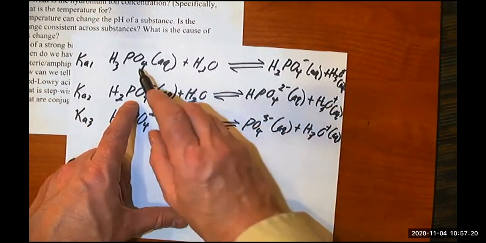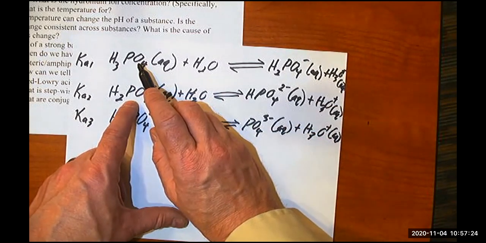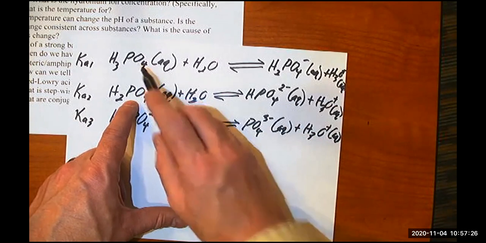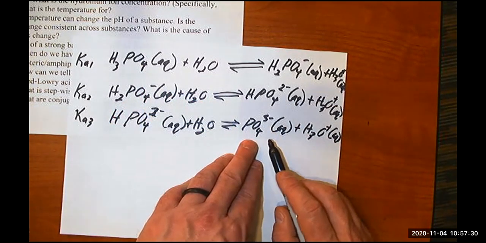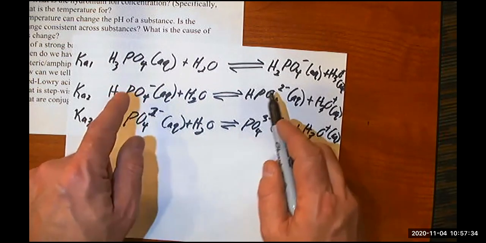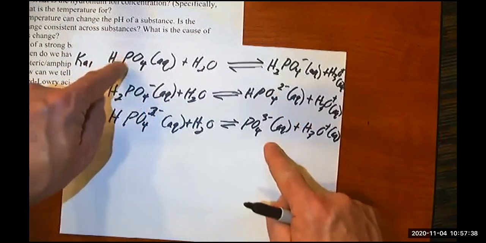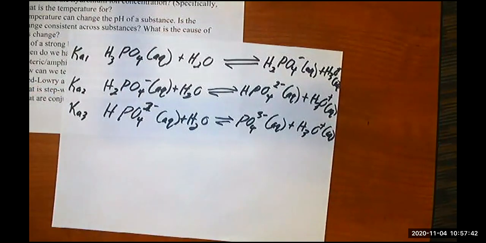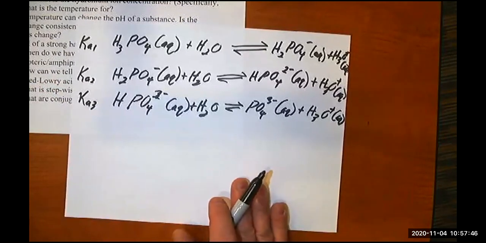But then if you go up and calculate how much of the phosphoric acid with 3 hydrogens in it, it'll be absolutely tiny. And if you calculate how much of the phosphate ion there is, that also will be absolutely tiny. So you only have some of these two, and these are negligible, is the idea. So that's the idea of a stepwise ionization.